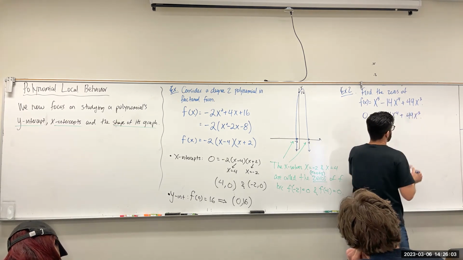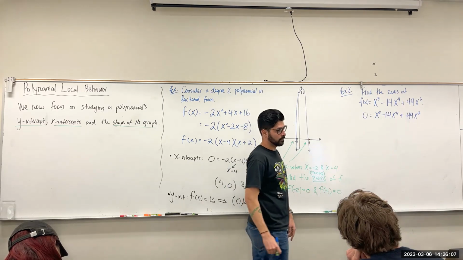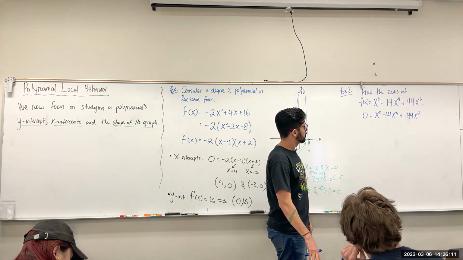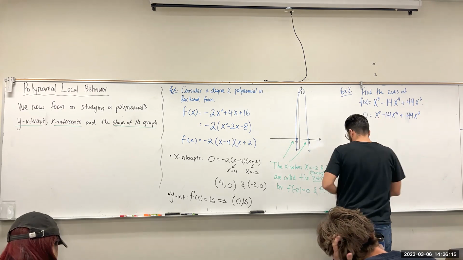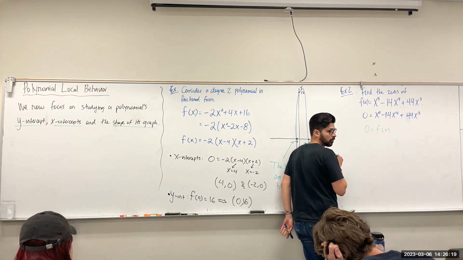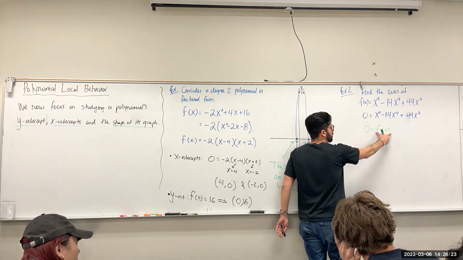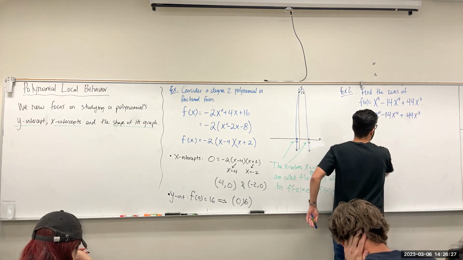If it's in f of x, it's still a function, but it's not something to solve yet. So when you switch it into 0, you can solve the equation. What I wrote here is essentially asking: when will the function equal 0, or which x values? It's this function right here.